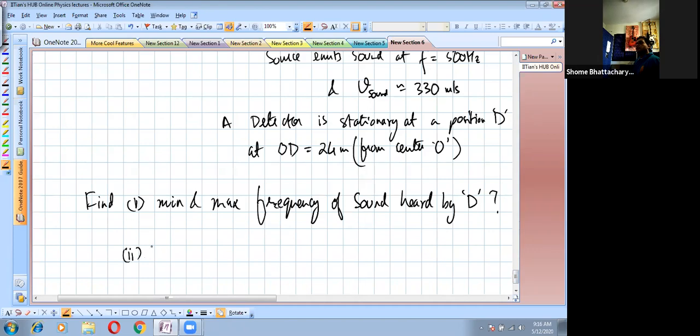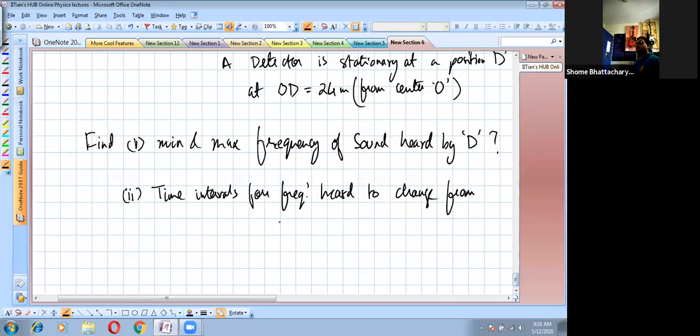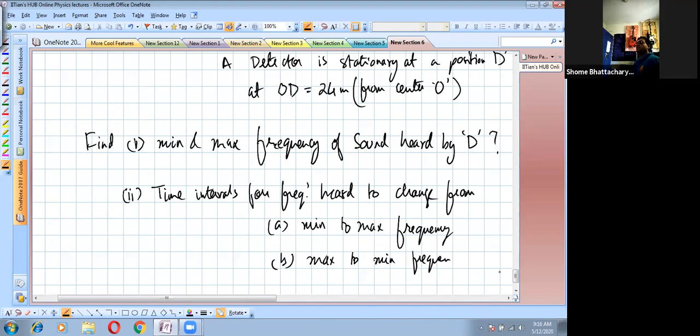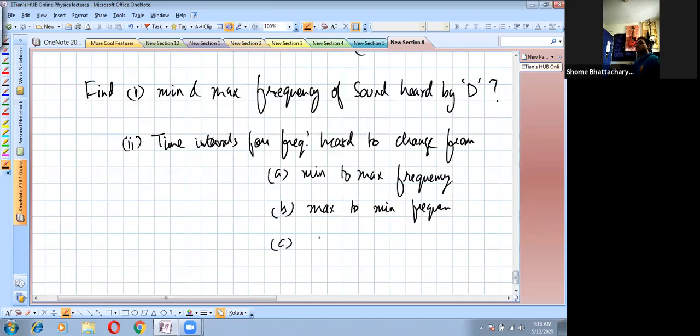And the time intervals for frequency heard to change from minimum to maximum frequency, maximum to minimum, and maximum to original frequency of the source.